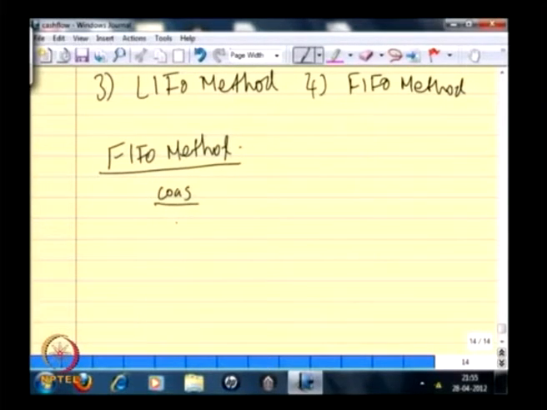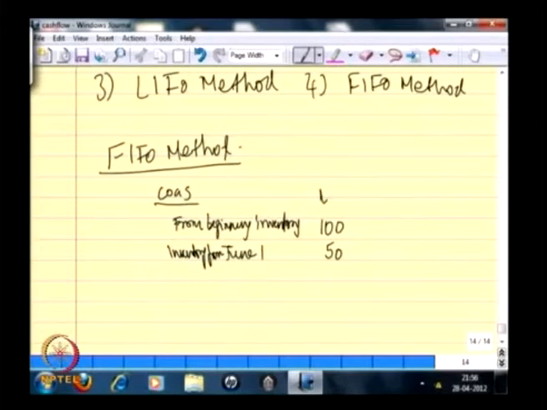From the beginning inventory I consume 100, since I am totally selling 150 units, and from the June 1 purchase I consume the remaining 50.